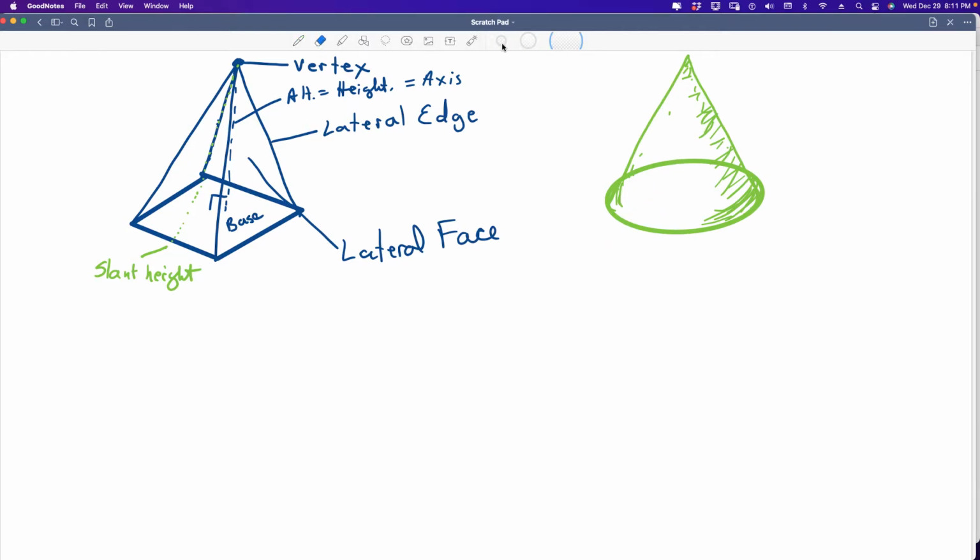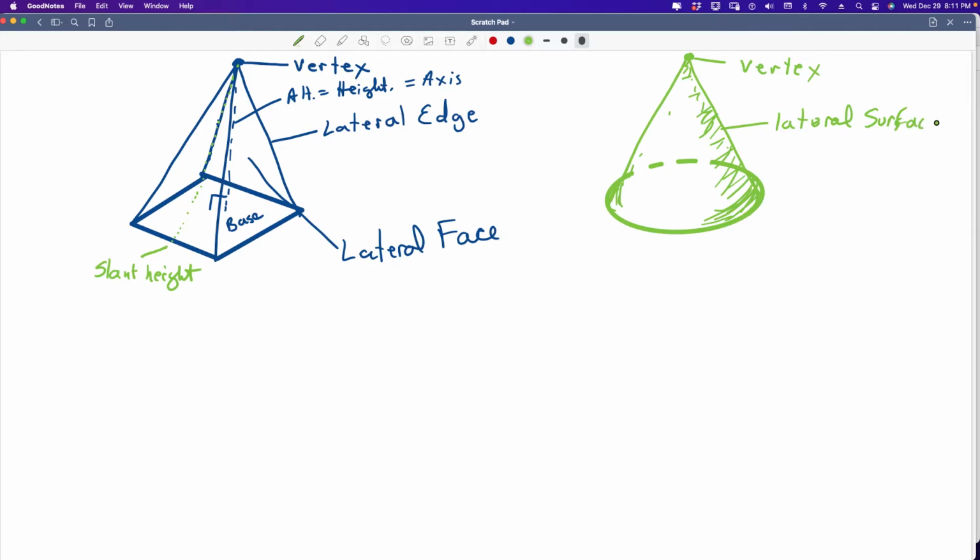Let me come back in here with this and just kind of, so now you kind of see that's the back of it, right? So a cone has some of the same parts. At the very top where everything meets, that is the vertex. And the whole thing all the way around is the lateral surface.